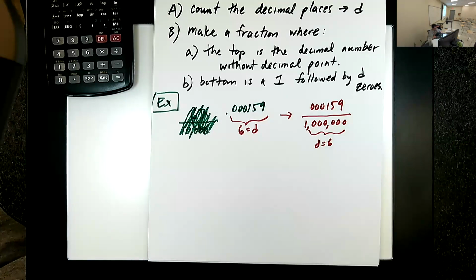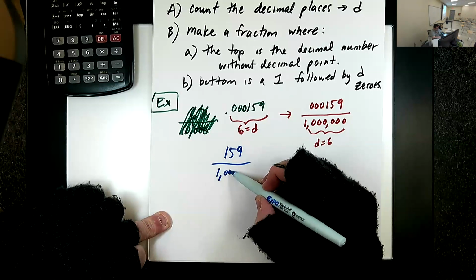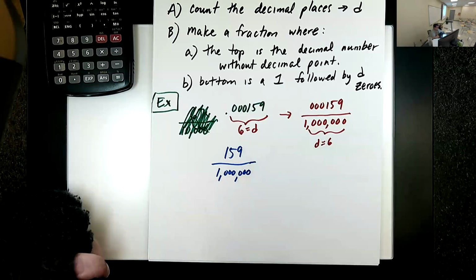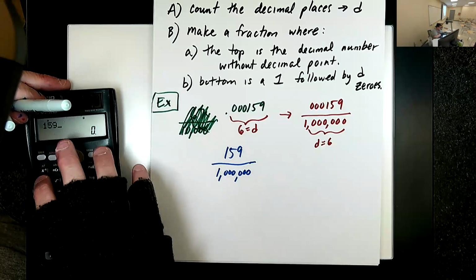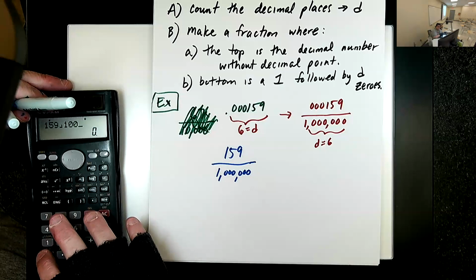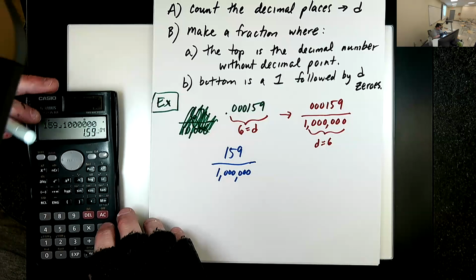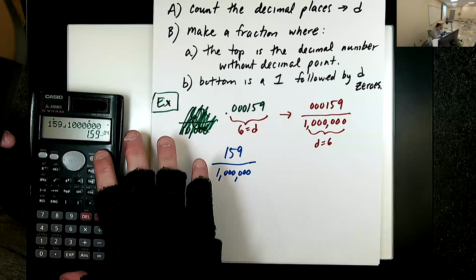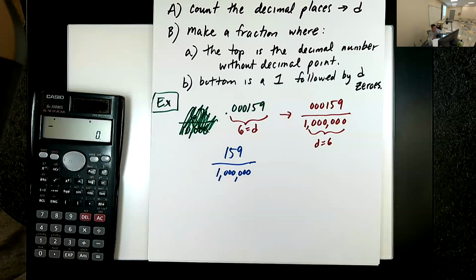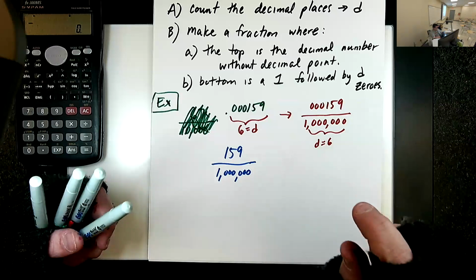And I wouldn't leave the zeros in front. This becomes 159 over 1 million. I think that's as simplified as it goes. Yeah, that's a prime number on top.